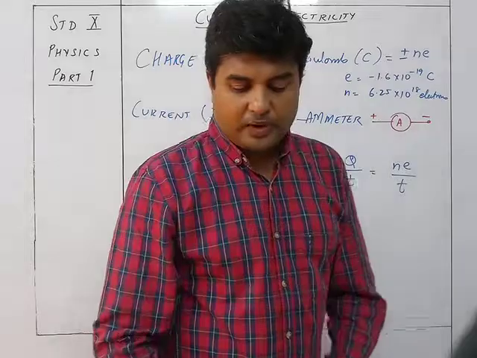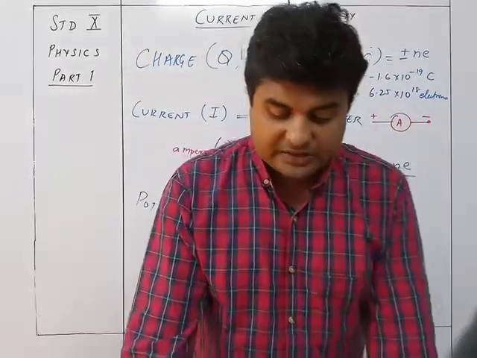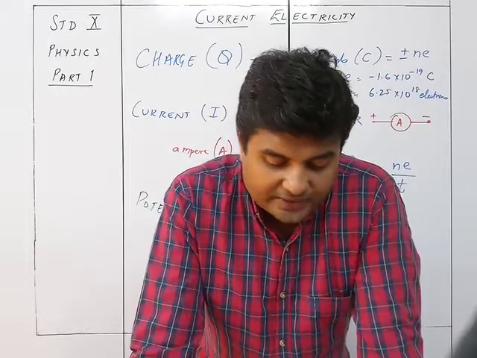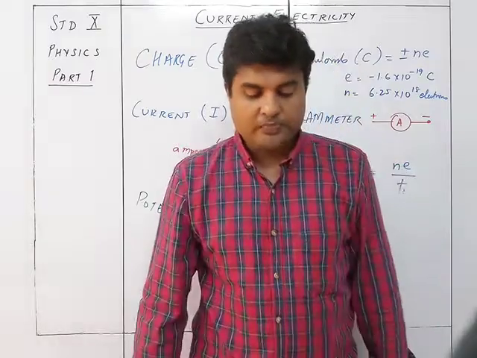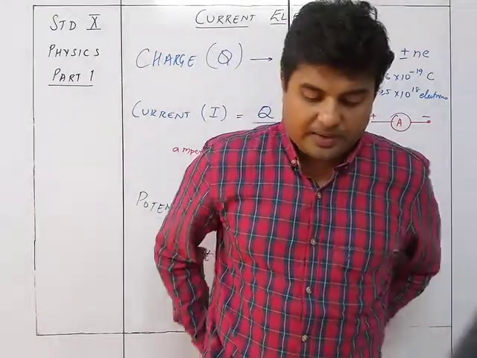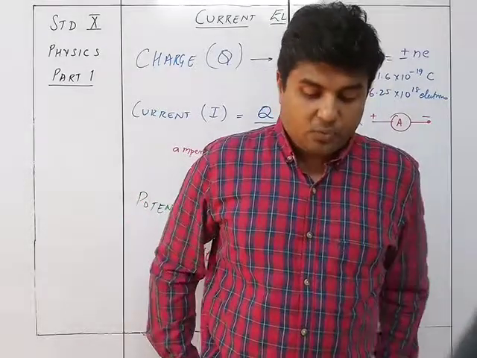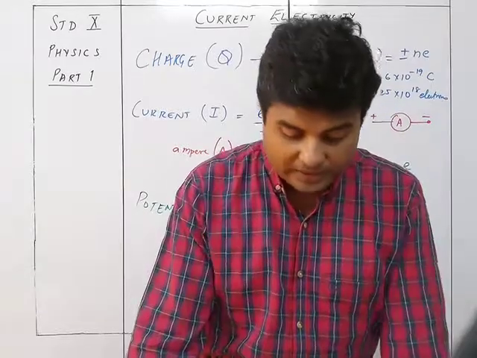The unit of potential V is unit of work W upon unit of charge Q. The SI unit of work is joule and that of charge is coulomb. So the SI unit of potential is joule per coulomb, or J C^-1, which has been given the name volt, symbol V, in honor of the scientist Alessandro Volta.